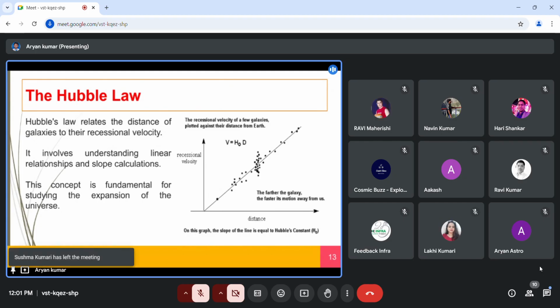Sorry, I was doing the wrong one. So Hubble's law: the farther the galaxy, the faster its motion away from us. The slope is equal to the Hubble's constant. It is the relationship between the velocity of galaxies and the distance from Earth. So yeah, I have already explained this.